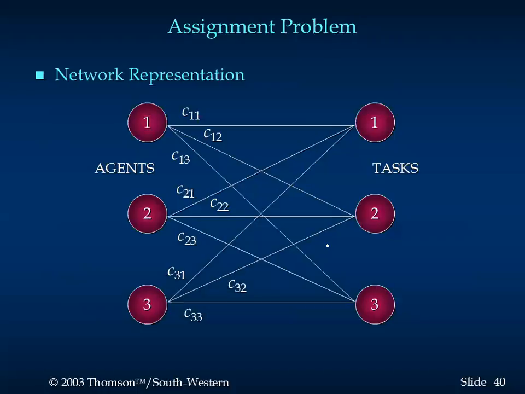If I have 2 workers and 2 jobs, there are 2 ways: either worker 1 does job 1 and worker 2 does job 2, or the reverse. Now, if I have 3, I assign 1, and then there are 2 for each assignment, so 3 into 2.